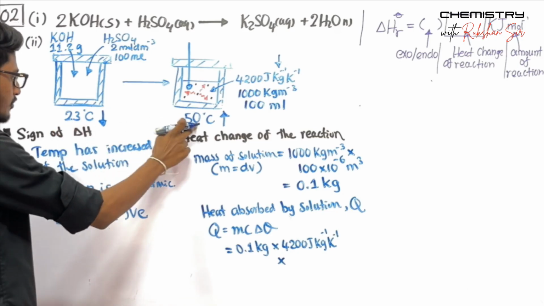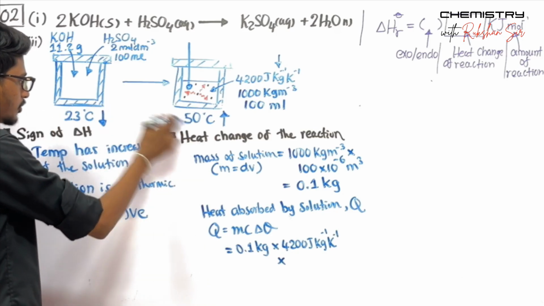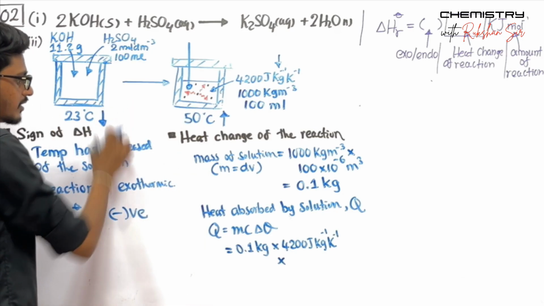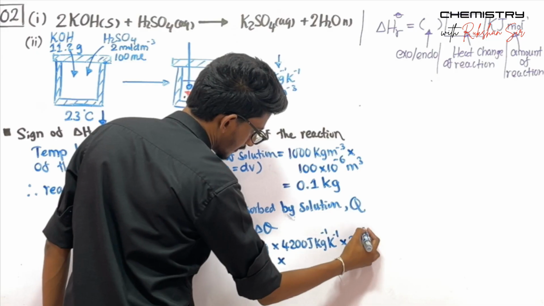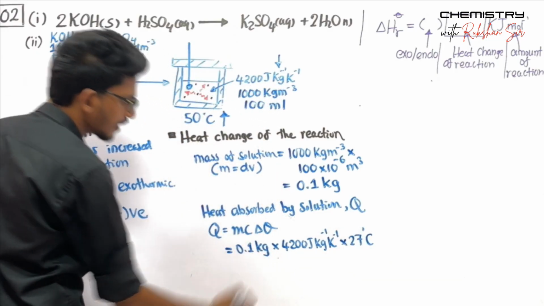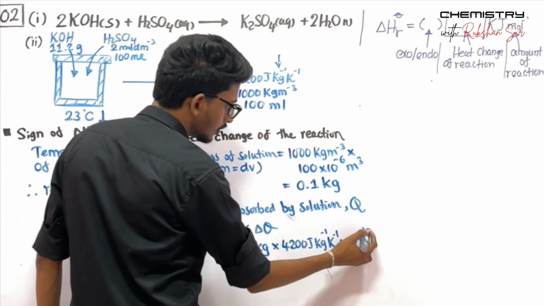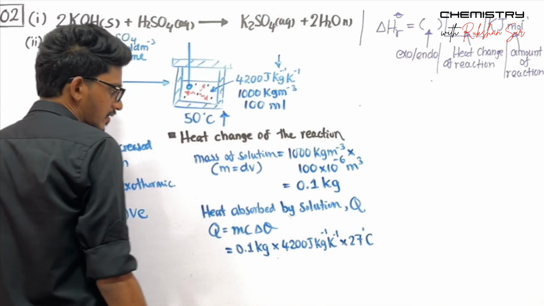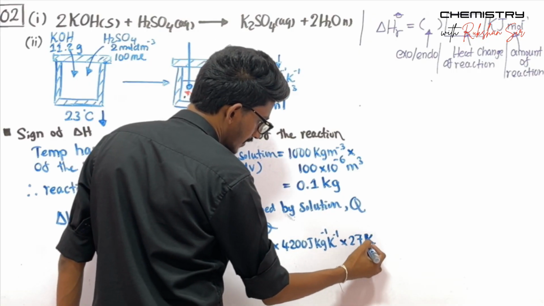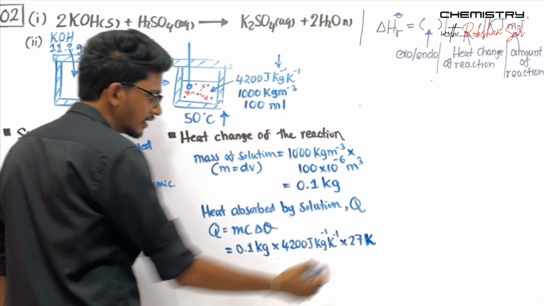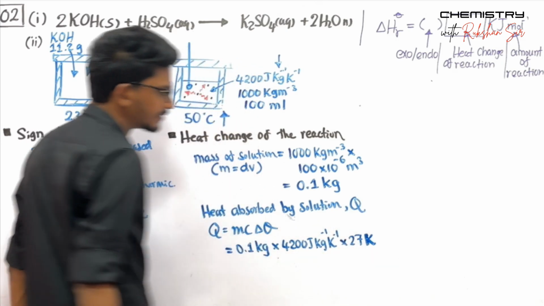So 50 minus 23 is going to be 27 Celsius, right? It is better to write this in Kelvin, because the Celsius change and Kelvin change are the same, so I'll write it with Kelvin to cancel off the units.